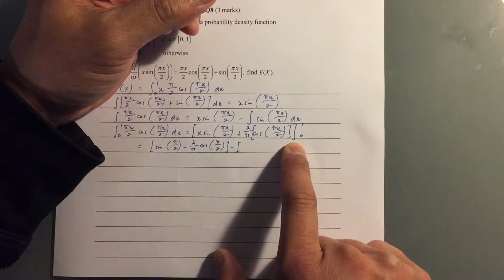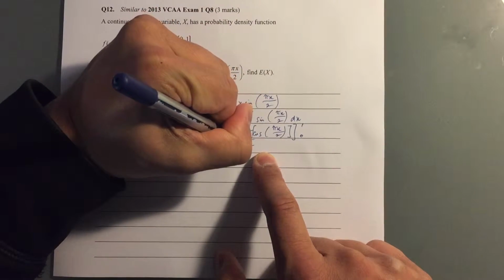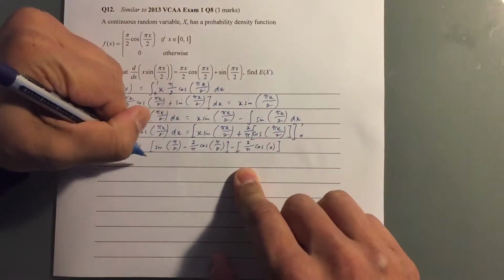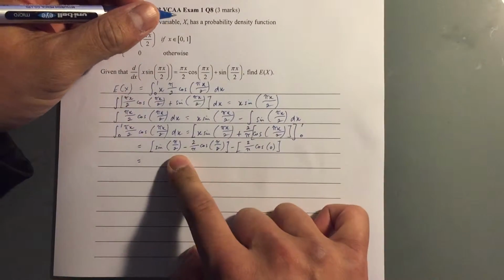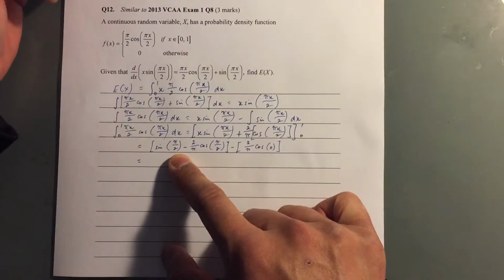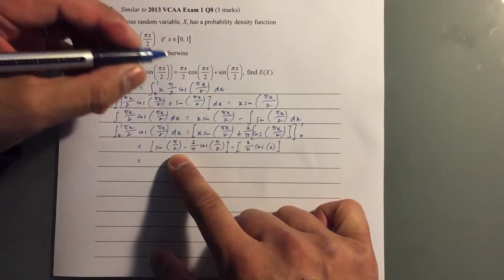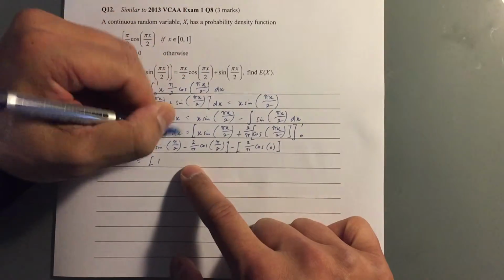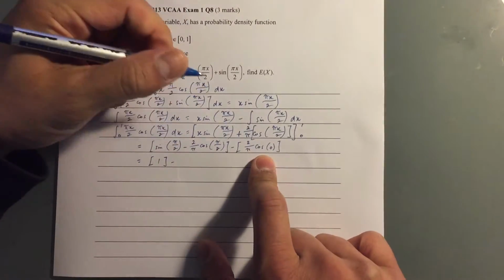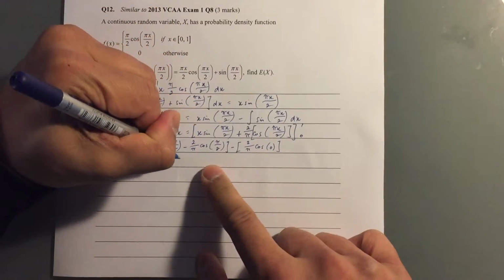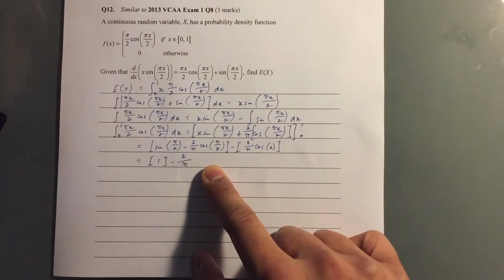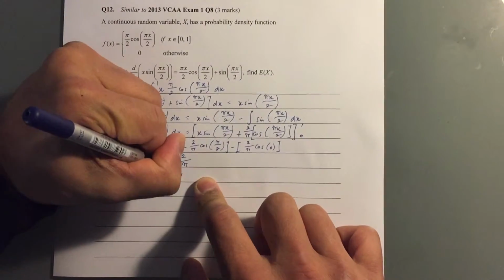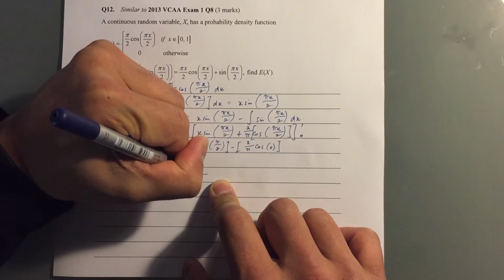If I sub in 0 into here, it's going to be 2 on pi cos of 0. Now we need to know our circular exact values, of course. So you need to know sine pi on 2, that's 1. You need to know that your cos pi on 2 is 0. And your cos 0 is 1. So therefore, your expected value is 1 take away 2 over pi.